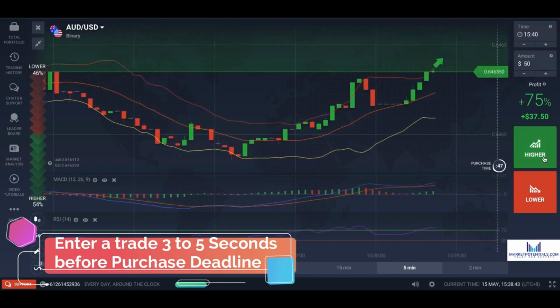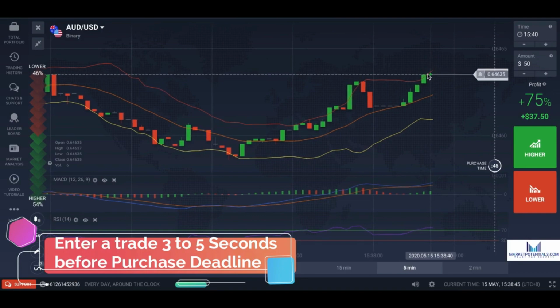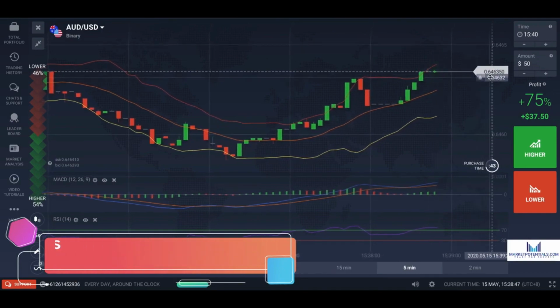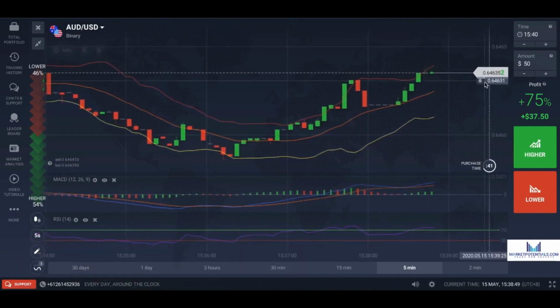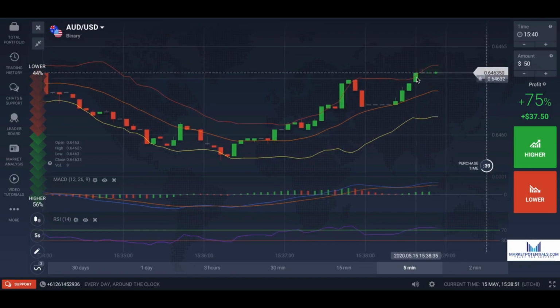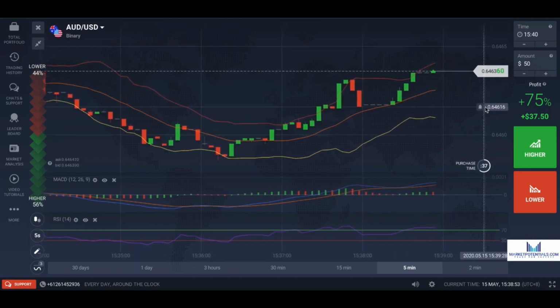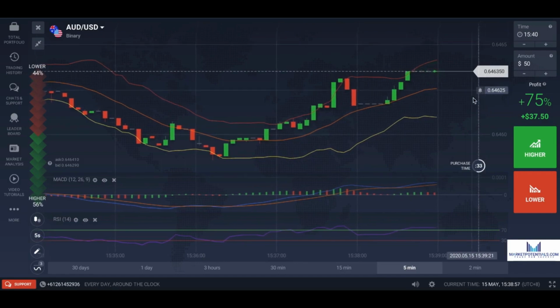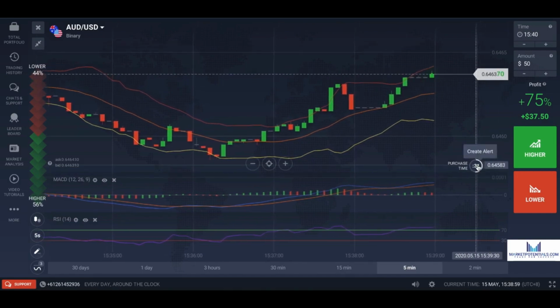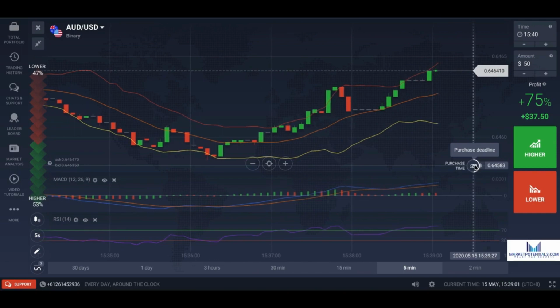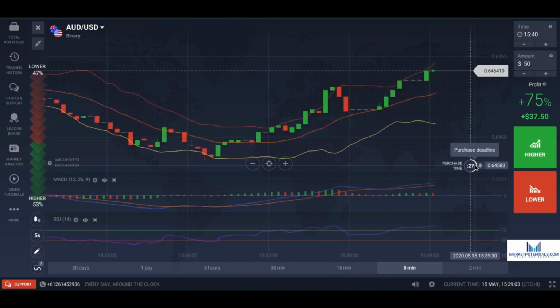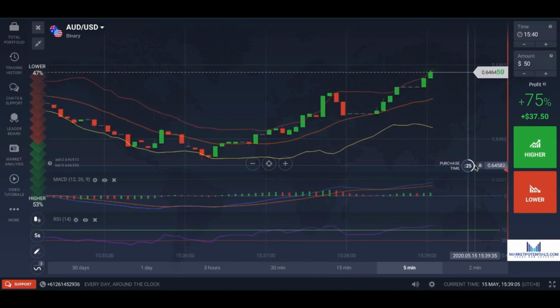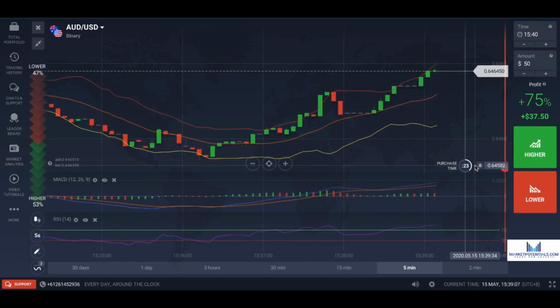Because if I initiate the position now, I have no idea what's going to happen in the next 40 seconds to the purchase deadline, which means that I'm assuming all of that risk, which is just crazy. I would never do that, and I certainly don't advise you do that too. So always make your decisions very close to the purchase deadline, typically 5 seconds or less, or less than 10 if the signals and indicators look good.